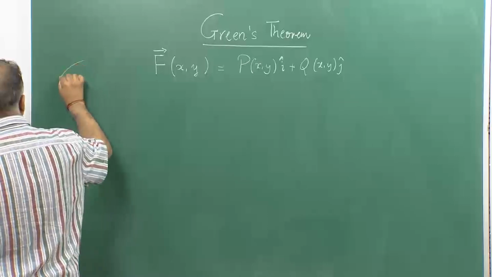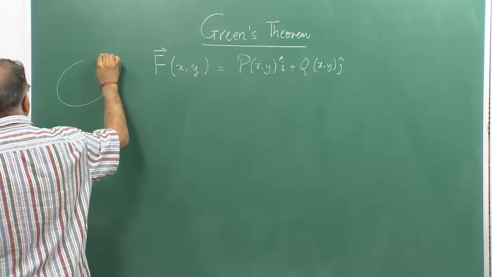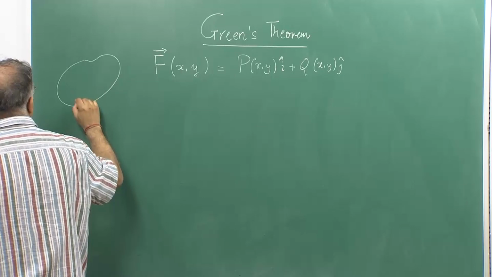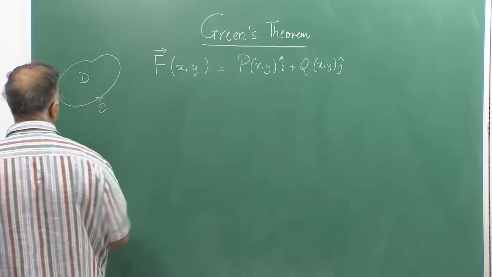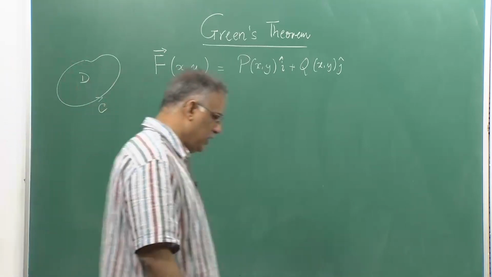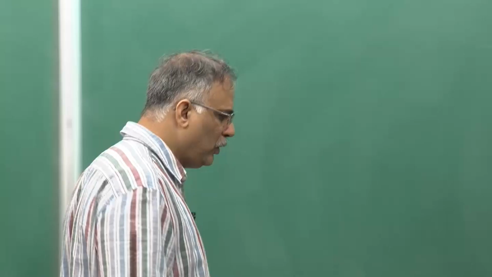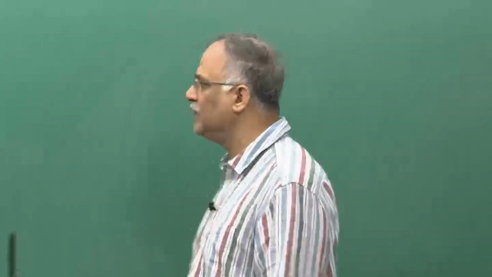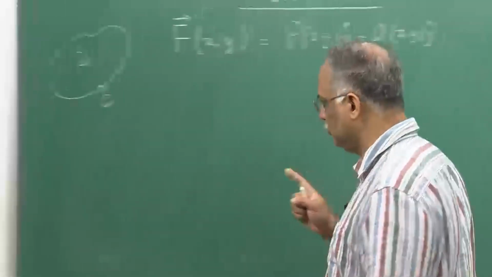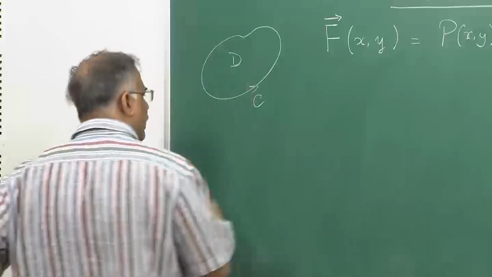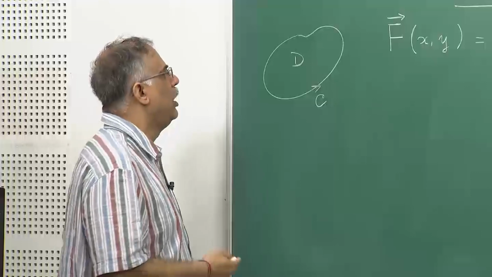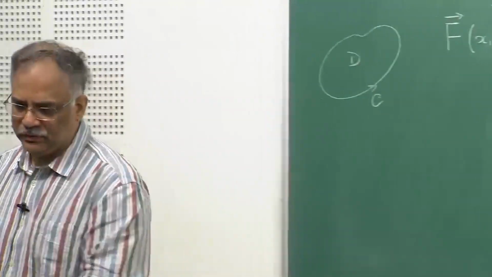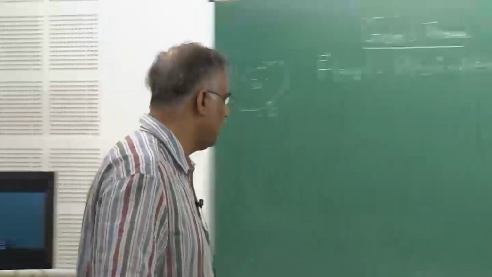So, suppose we are looking at a region bounded by a curve. This is a domain D which is bounded by a curve C, and I will always evaluate the line integral along the curve C if I move in a direction which I will call the positive orientation, in the sense that when I move along this curve, the area of this domain should always be on my left hand.